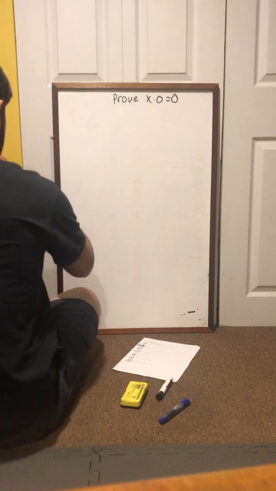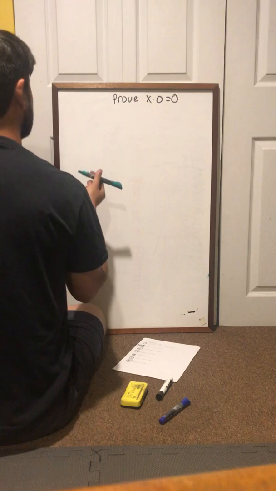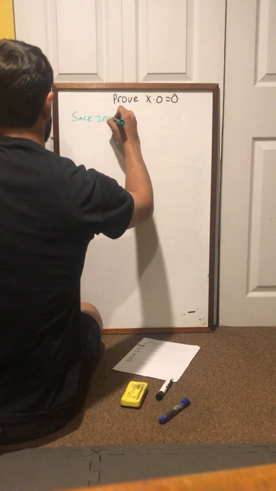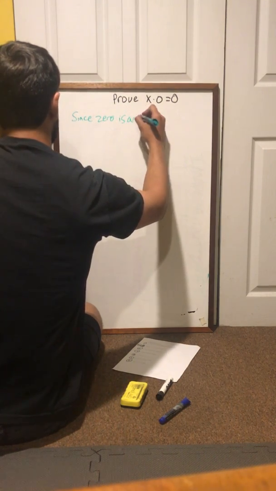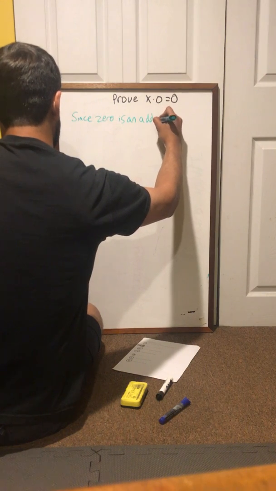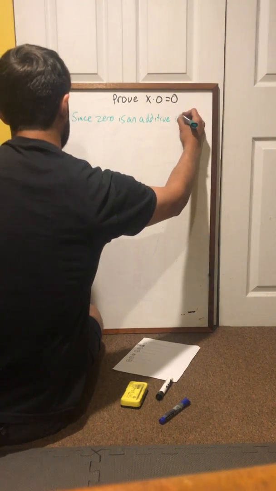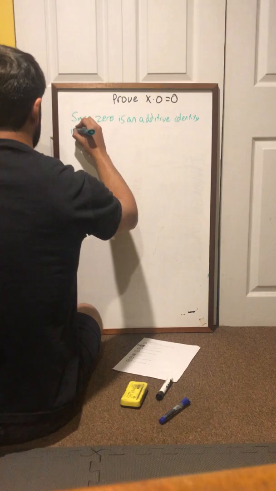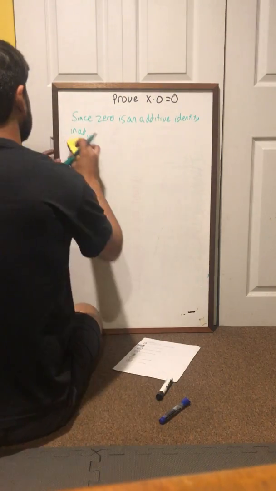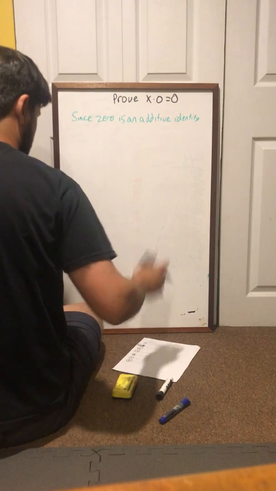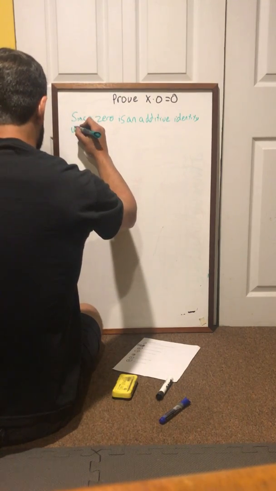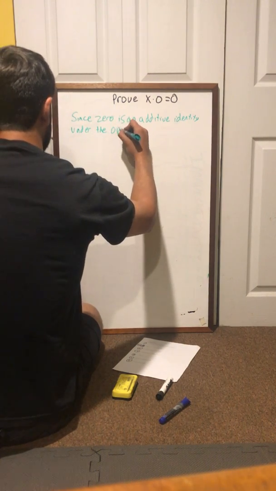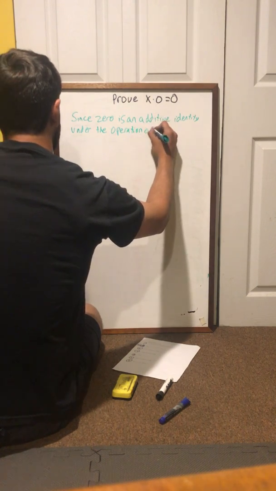Okay, so going to the proof, we're going to start by saying since 0 is an additive identity under the operation of addition.